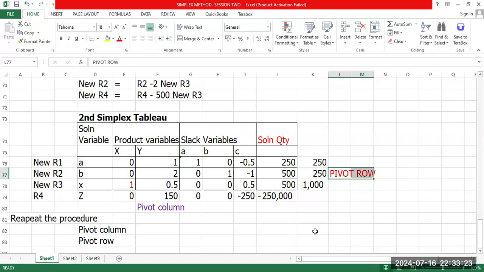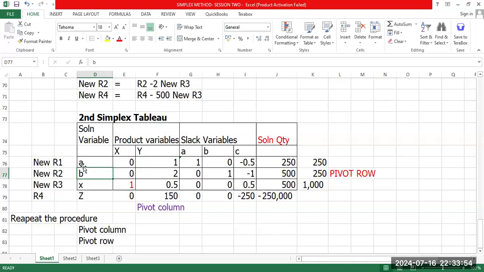But in a situation where in the question they have not specified, and you have this side where you have A and this side you have B, all of them are still slack variables, and in the question they have not specified where you should focus, you just choose any in that situation.